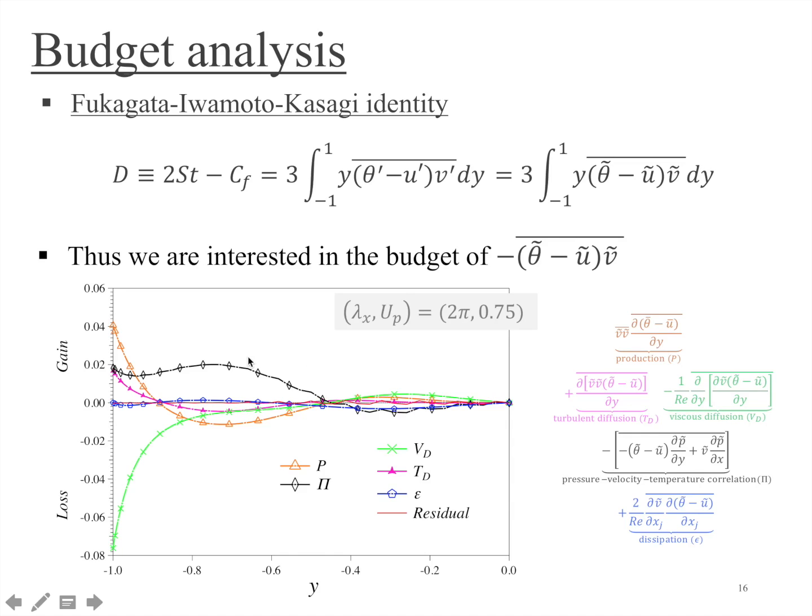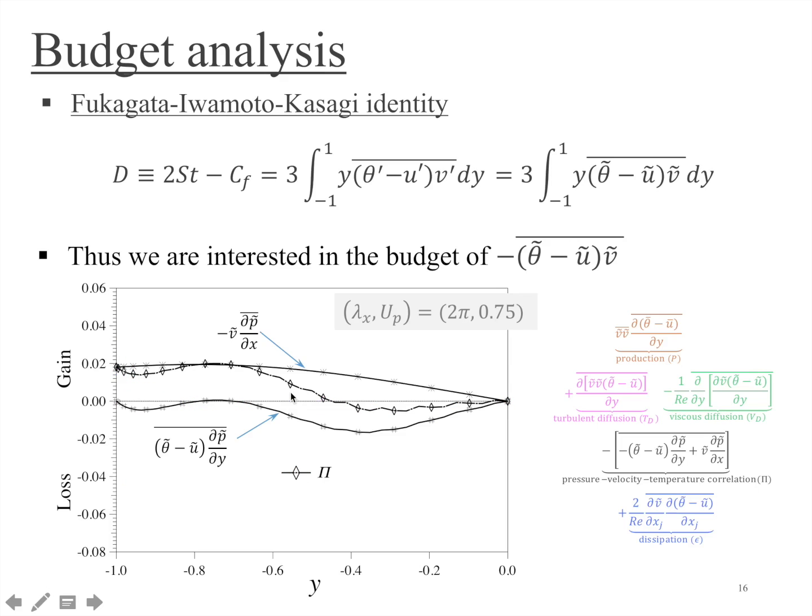Each of these 5 terms for the reference point of lambda x, U_p equal to 2 pi and 0.75 are shown here. As you can see, the pressure temperature velocity correlation term acts as the dominant term between y equal to -1 and y equal to -0.4. This is the same region where we have observed large dissimilarity as well.